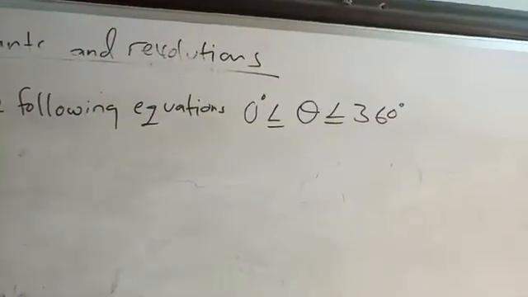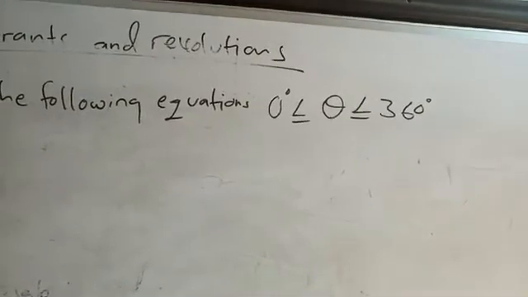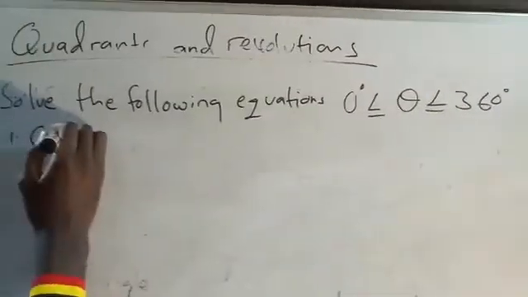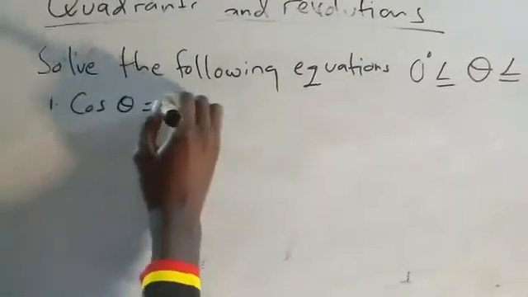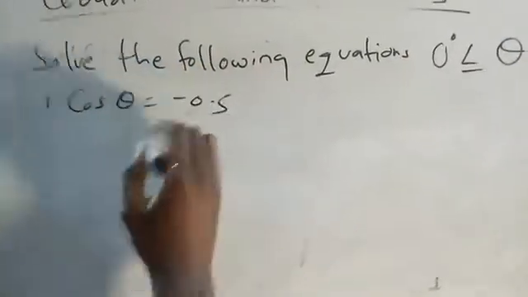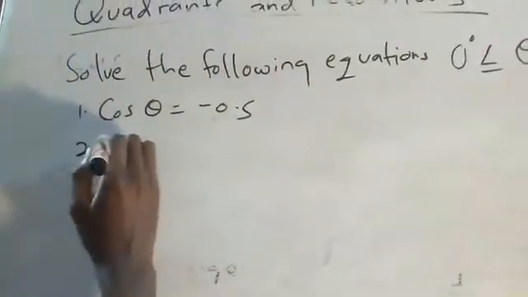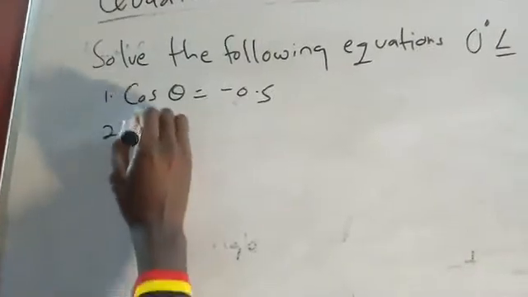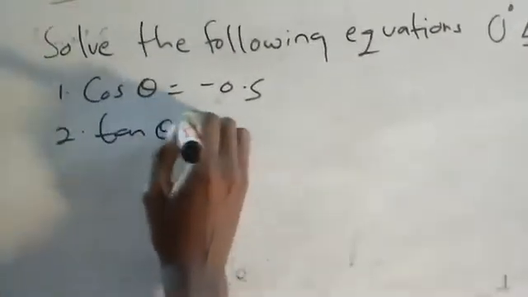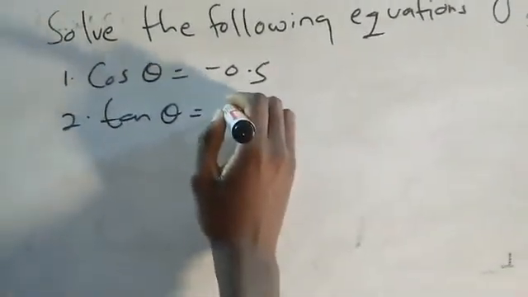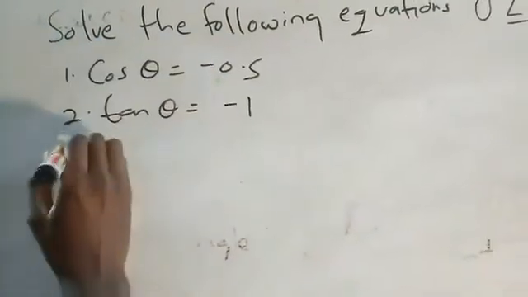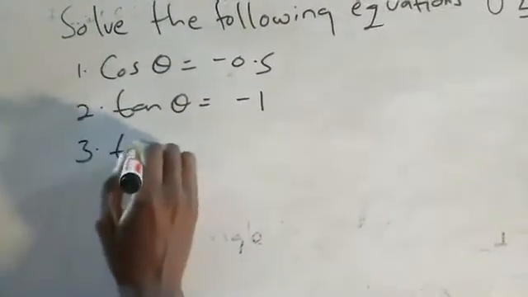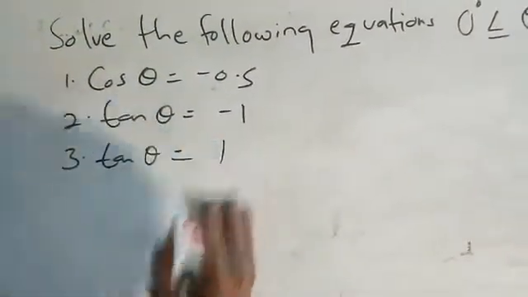Number 1 is cos theta equal to negative 0.5, number 2 is tan theta equal to negative 1, and number 3 is tan theta equal to 1.